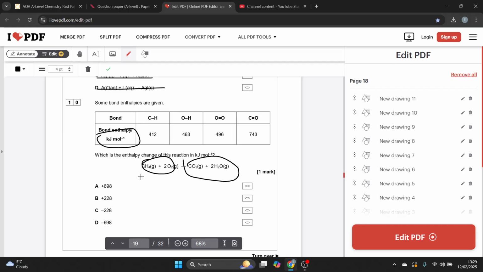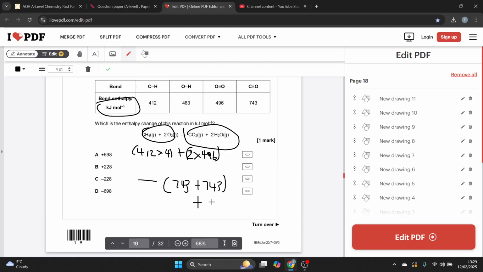To break bonds, 412 times 4, plus O2, 2 times 496, minus carbon dioxide 743 plus 743, plus H2O. Well, I've got 436 plus 436, and then times 2 on the outside.